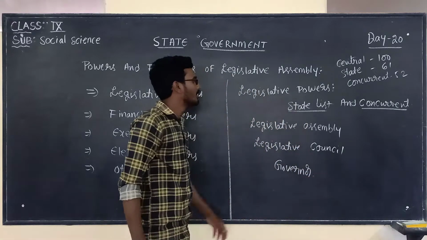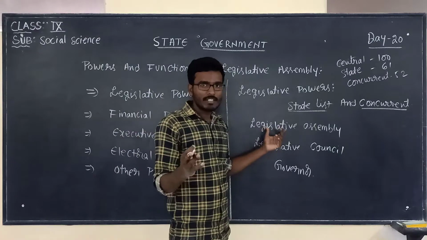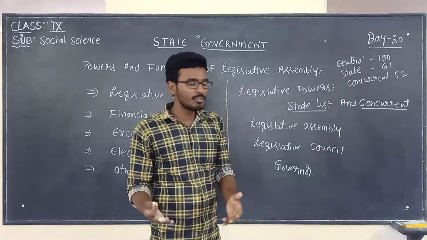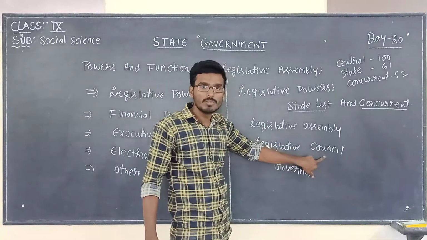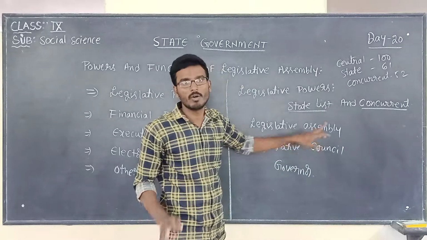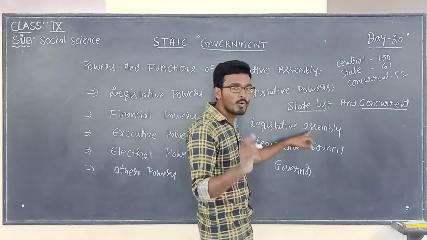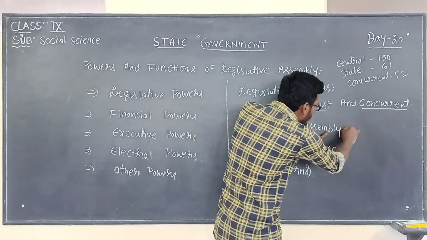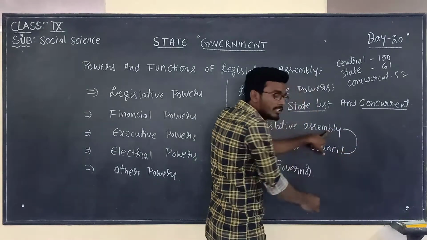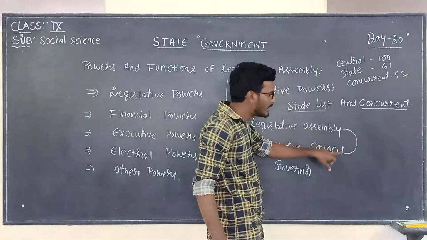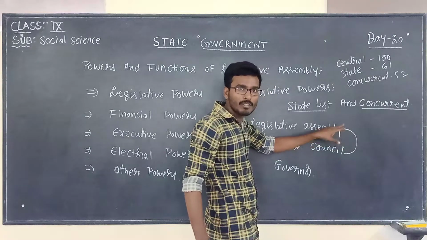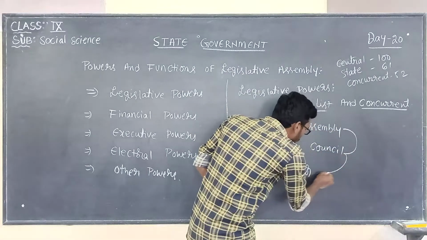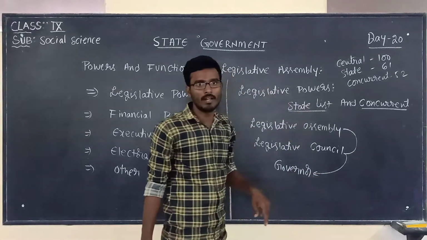Governor. Any bill, first of all, will be introduced in either the legislative council or the legislative assembly. Let us take an example. One bill is introduced in the legislative assembly. After the legislative assembly, it will be sent to the legislative council. Once the legislative council approves that bill, finally it will be sent for the governor's approval.